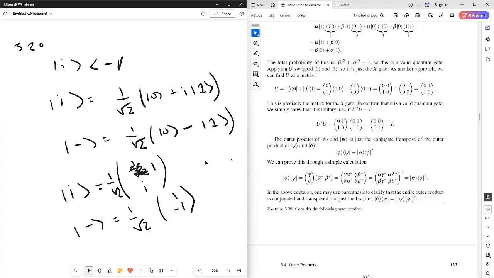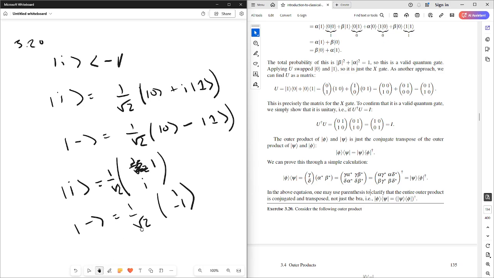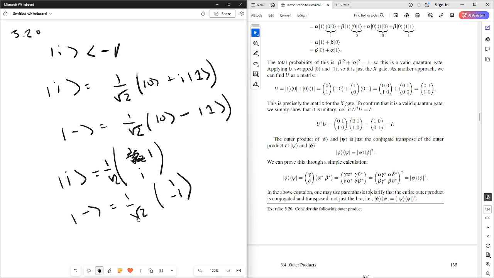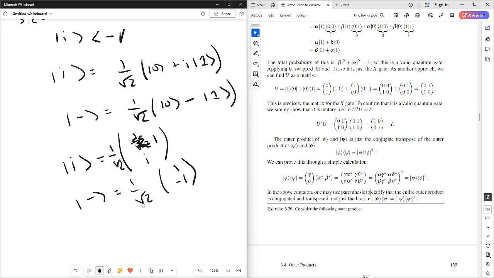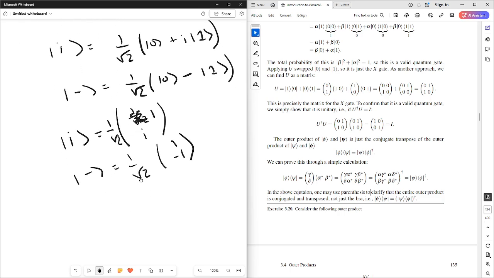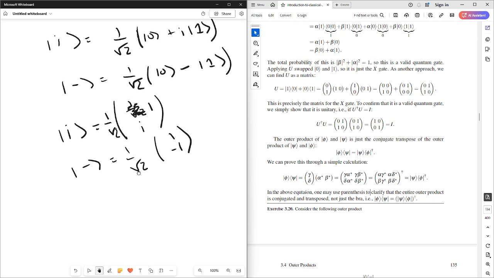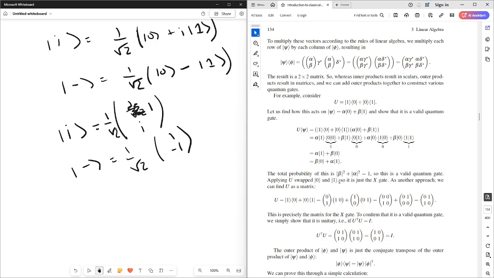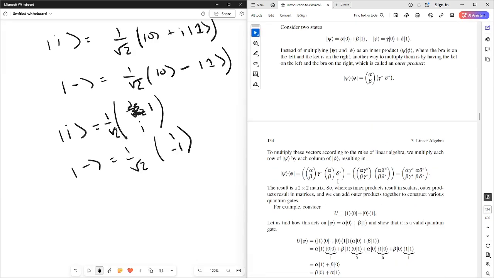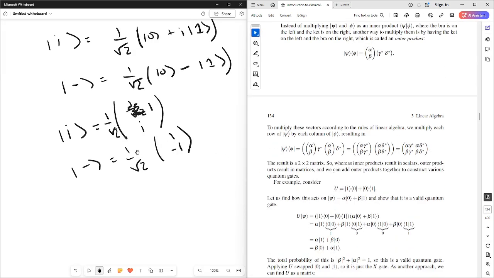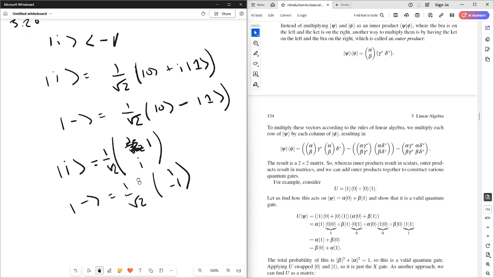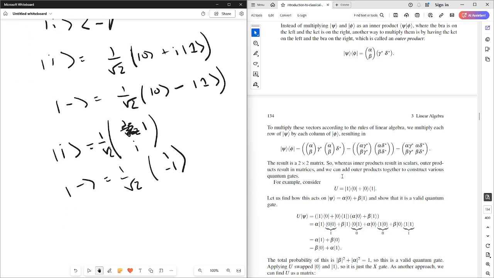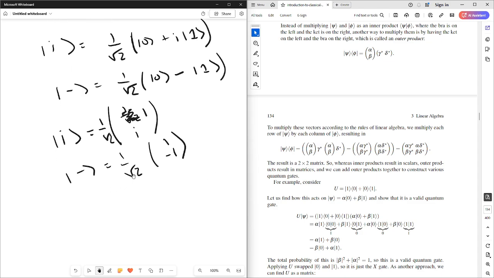So in order to take the outer product, we need to take the complex conjugate of the minus state. Double checking, yes. So we're going to take the complex conjugate of the minus state, which is exactly the same.